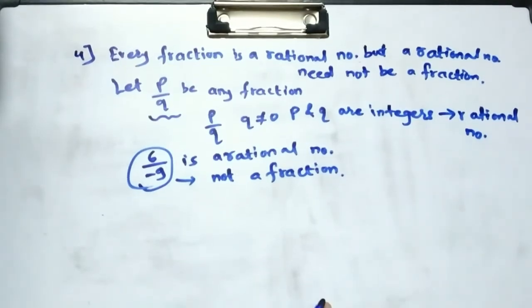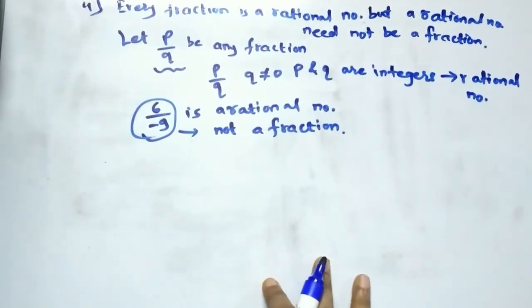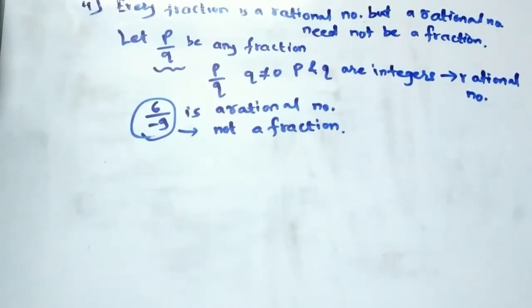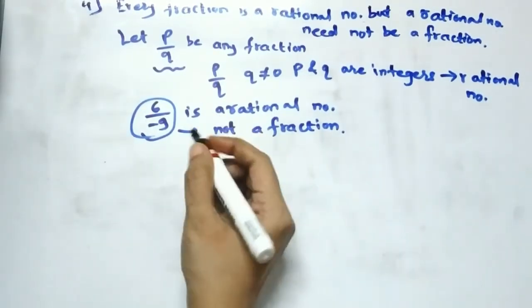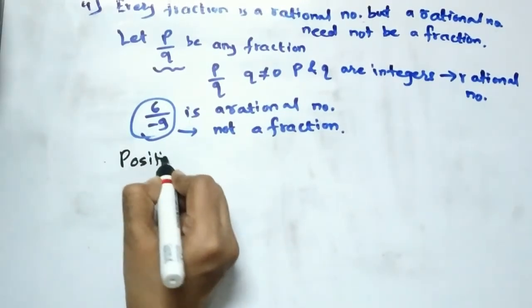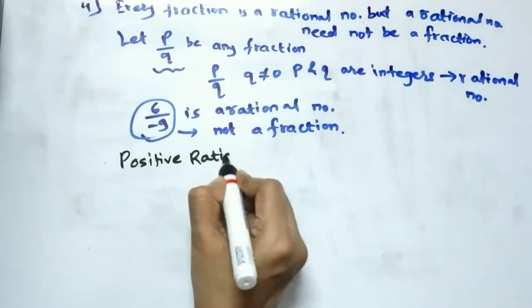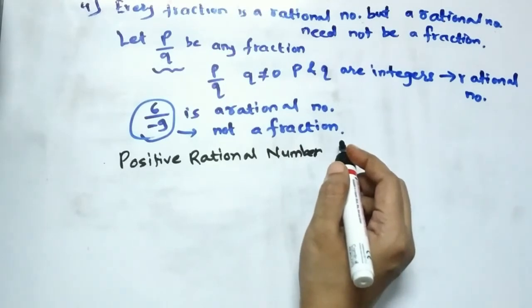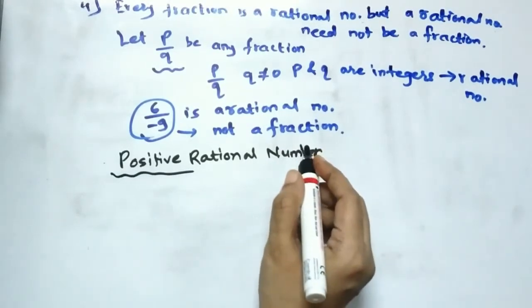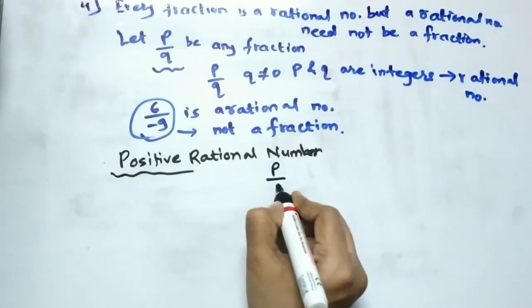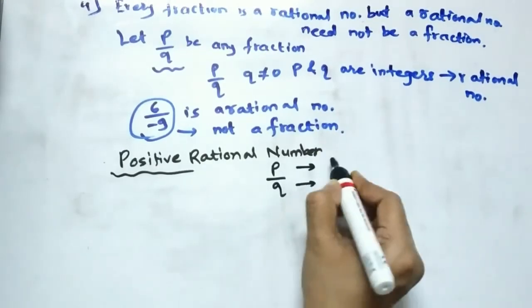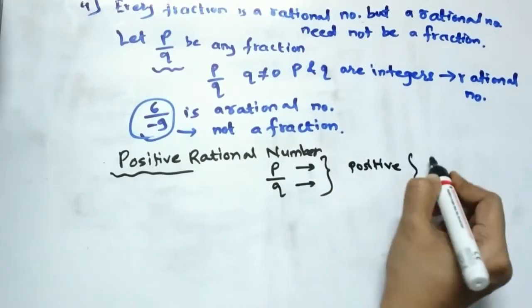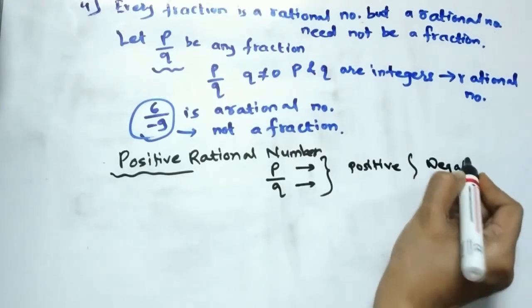So we know that. Next, suppose you want to know about positive and negative rational numbers. What are positive rational numbers? A rational number is said to be positive if its numerator and denominator, P and Q, both are either positive or negative.